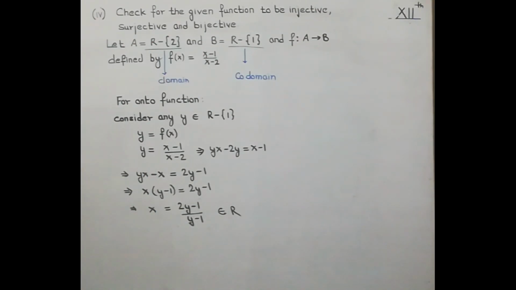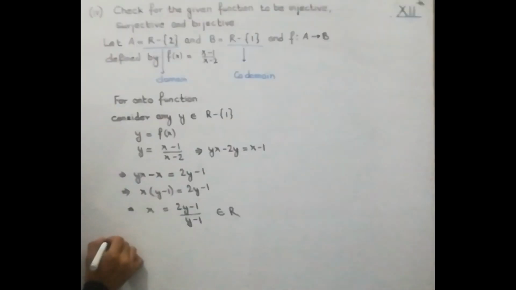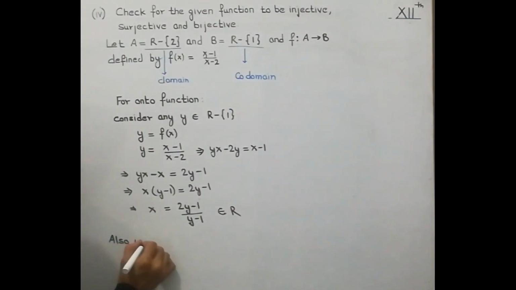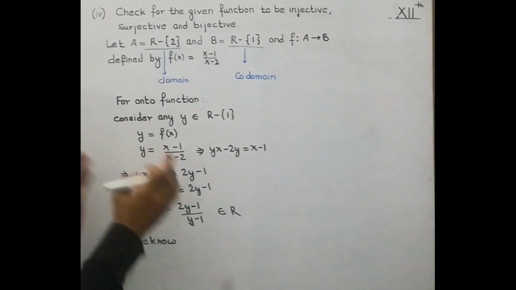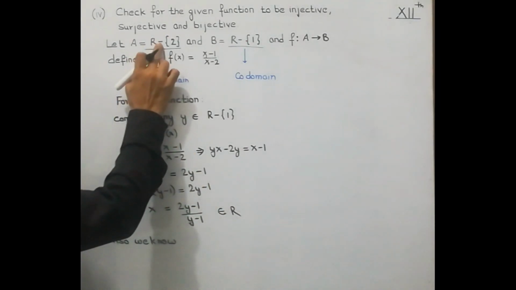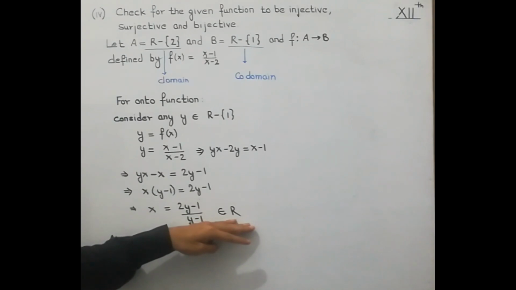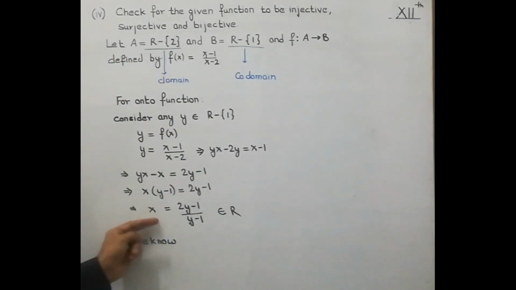We also know here that what we have shown is that x belongs to the real numbers, but we have to show that x belongs to R minus 2. So we have shown that x belongs to R, but we have to confirm that 2 is not part of the domain.